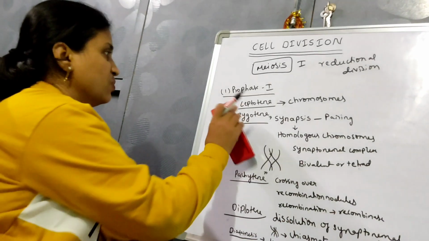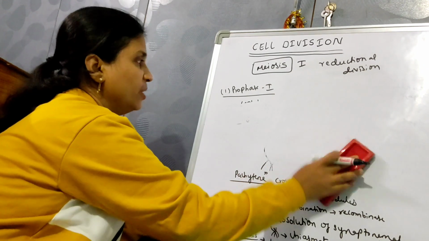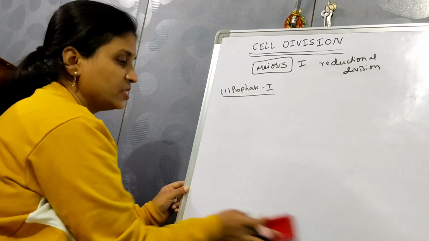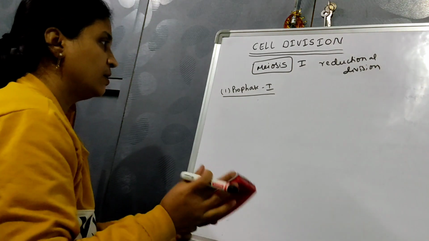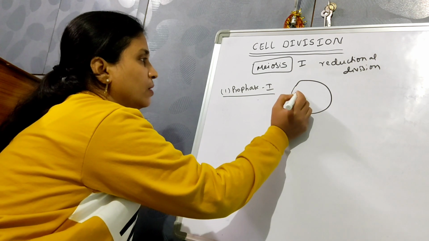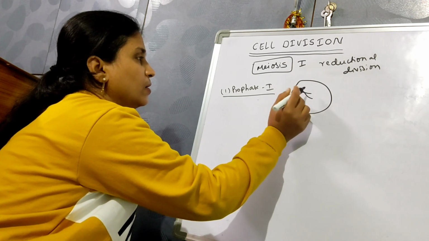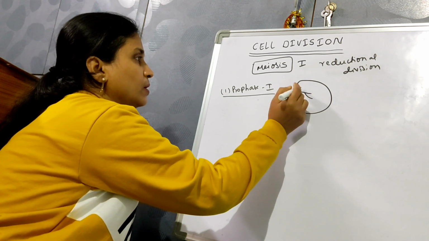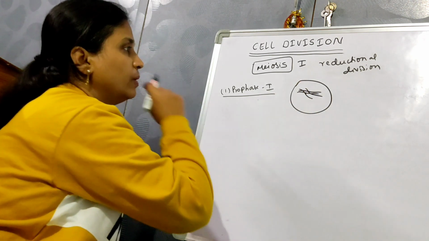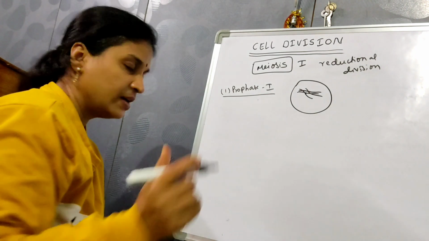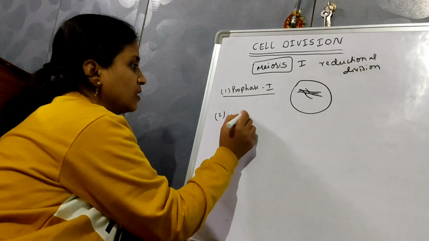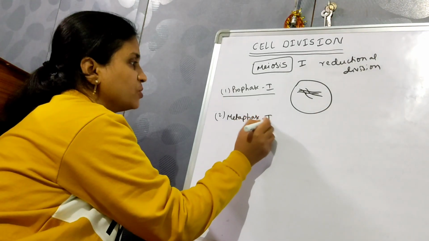Moving on to metaphase 1 now. So in prophase 1, how are the chromosomes? Like this. Then in metaphase 1, what happens?